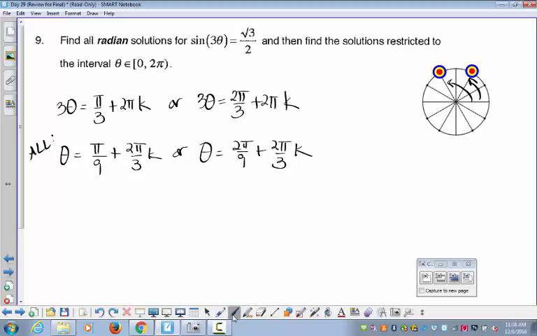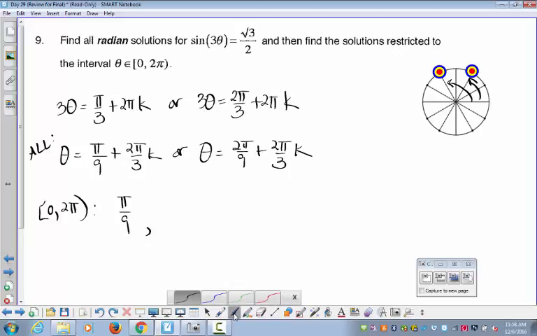Now, they say, find the particular solutions that fall in the interval 0 to 2 pi. So, when we look at these, certainly pi over 9 is between 0 and 2 pi. Then we start adding 2 pi over 3 repeatedly.